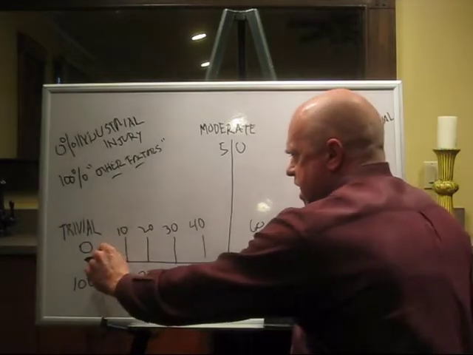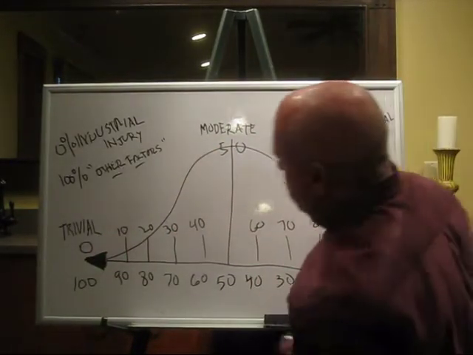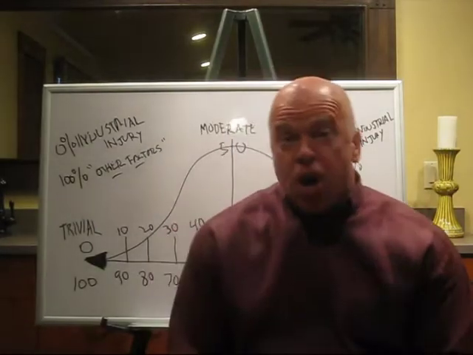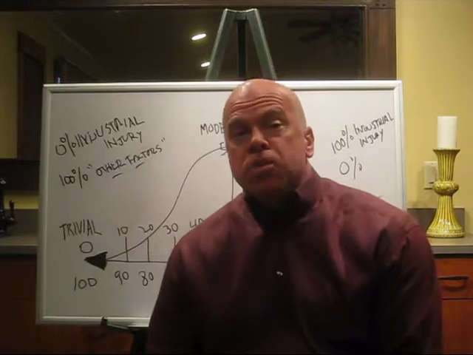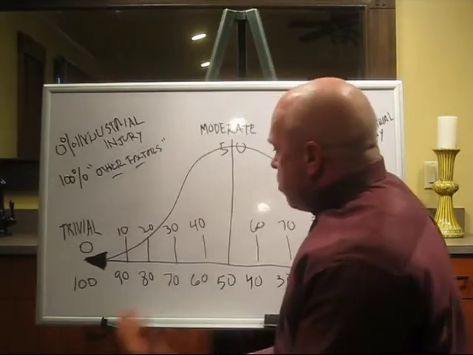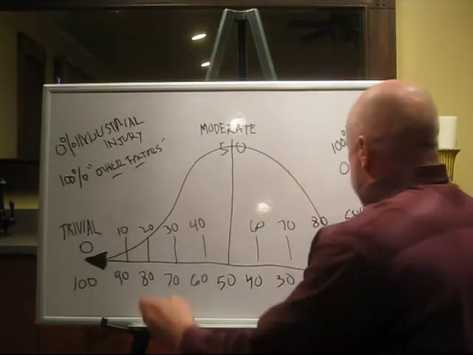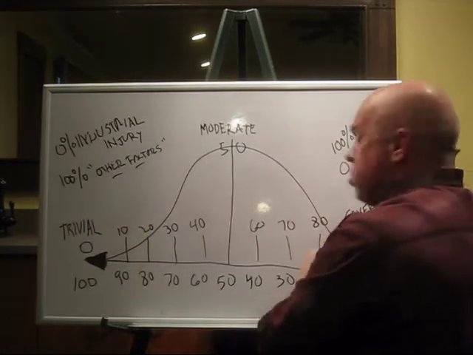And you're going to see a bell-shaped distribution like so. So it basically comes down to the mechanism of injury. So when you're making your apportionment determination, you need to qualify the injury as trivial, moderate, or severe.